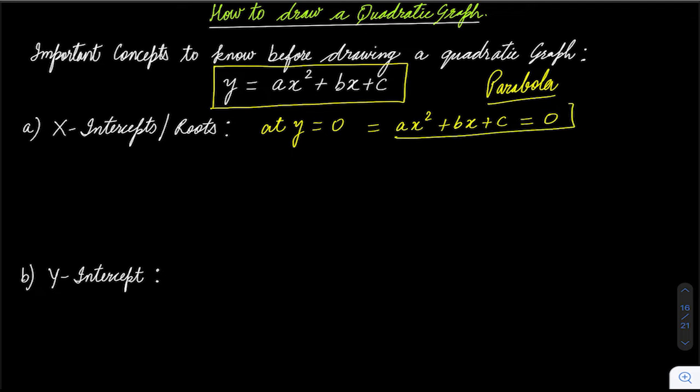Because y is equal to ax square plus bx plus c. We are going to draw that. So when this is 0, you will get some x values, let's say x1 and x2, and these will be the roots. We know this. So the x-intercepts will be x1 comma 0 and x2 comma 0.